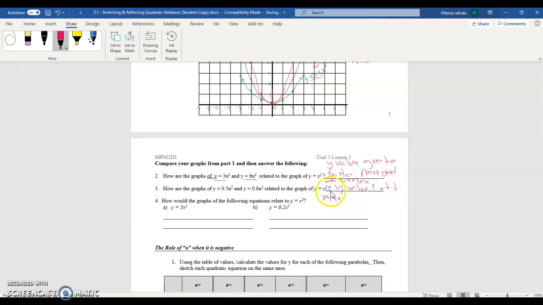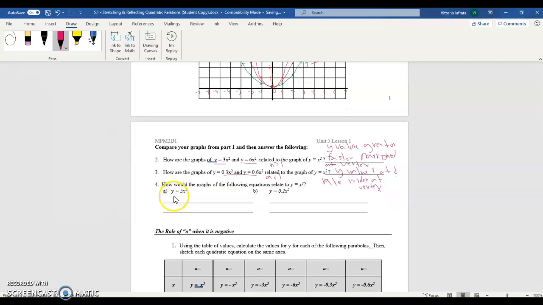And we also know that we are wider at the vertex. And that's because these are cases of a being less than 1 and a being more than 1 over here.